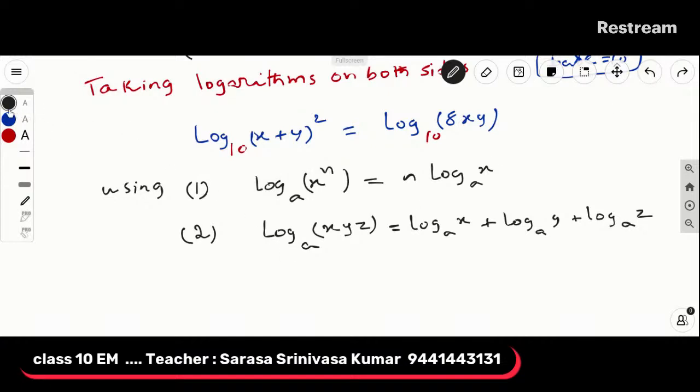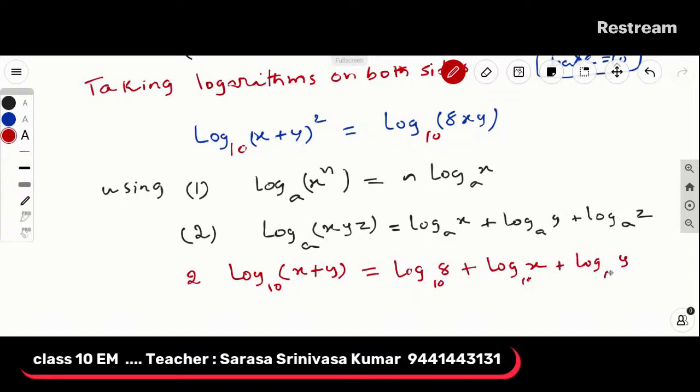So we can write 2 log of (x plus y) to the base 10 equal to log 8 base 10 plus log x base 10 plus log y to the base 10.